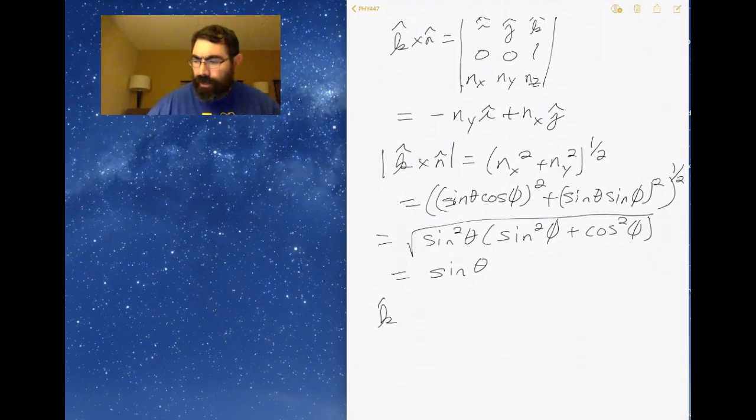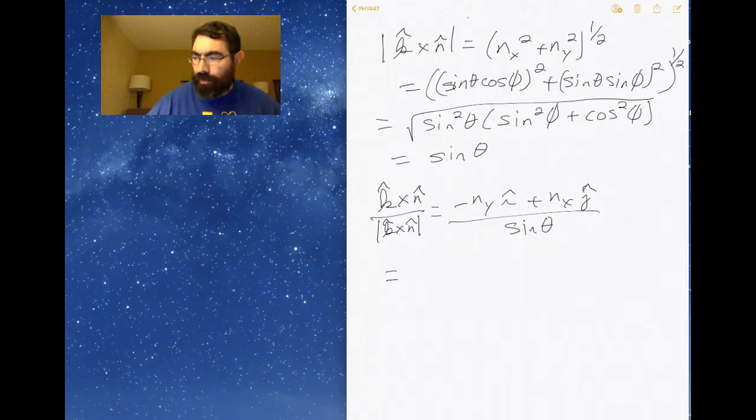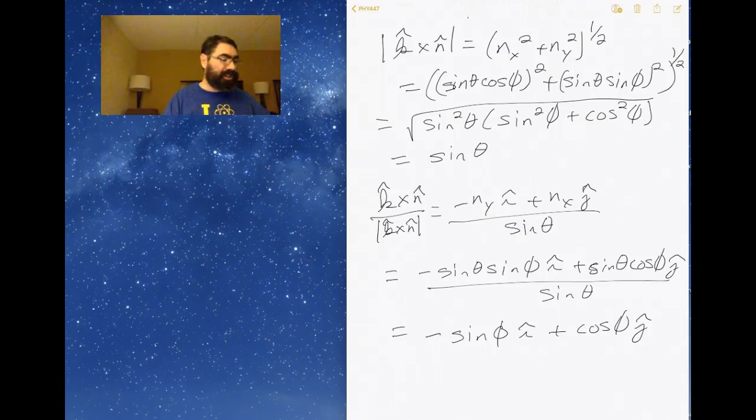Therefore, k crossed into n divided by the magnitude is minus ny i plus nx j divided by sine theta, which is equal to minus sine theta sine phi i plus sine theta cosine phi j over sine theta, which is basically minus sine phi in the x direction plus cosine phi in the j direction.